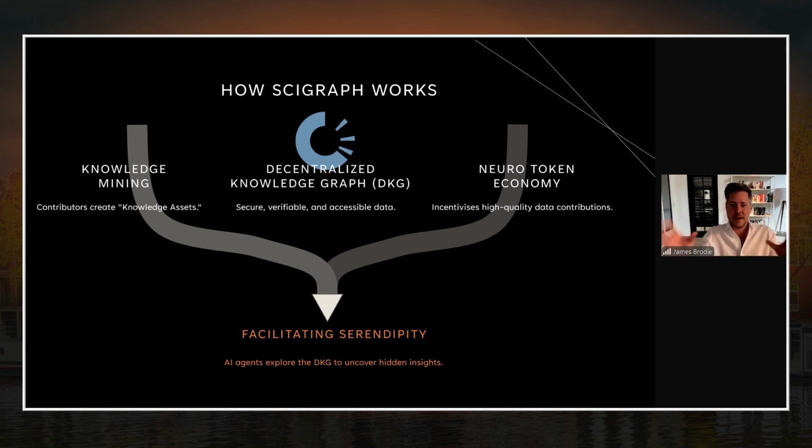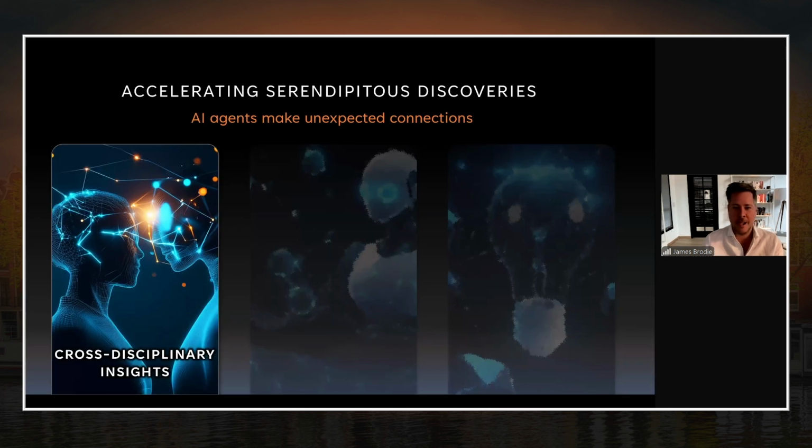And so by connecting together globally, SciGraph is going to enable researchers powered, or superpowered, by AI to collaborate in new ways. I've said serendipitous discoveries quite a few times. An important book that I've read in the past is Thomas Kuhn's The Structure of Scientific Revolutions.